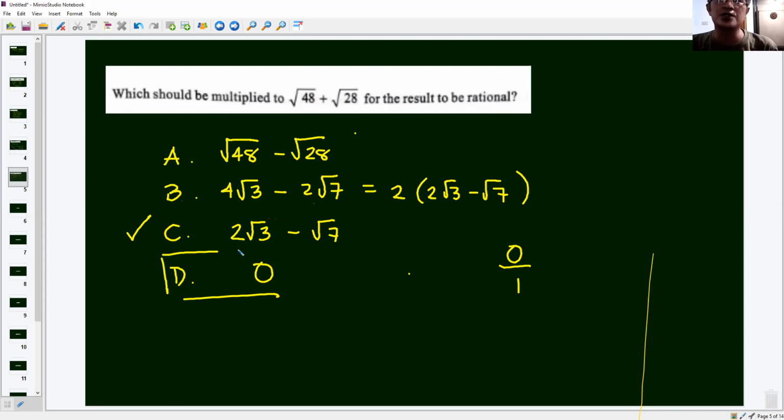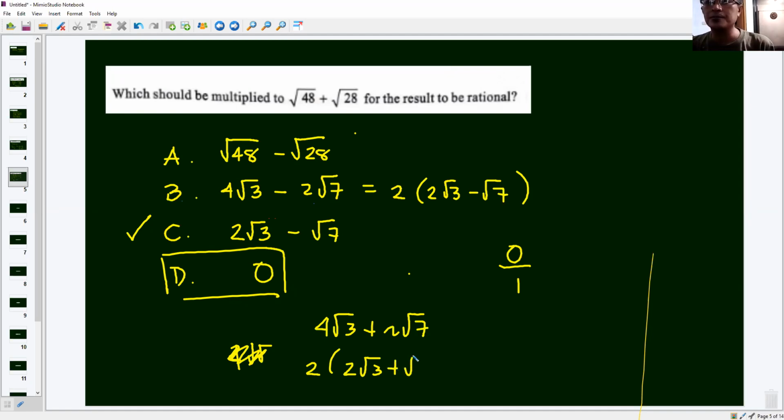Kung nilagay ko lang si D, A, B, C, the answer is 2 square root of 3 minus square root of 7. Because square root of 48 is 4 square root of 3. 4 square root of 3 plus 2 square root of 7. Pag pinactor mo yan, ito siya. Yan, ganyan, di ba?